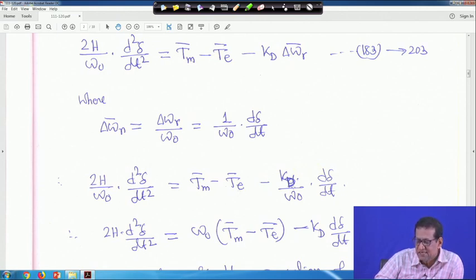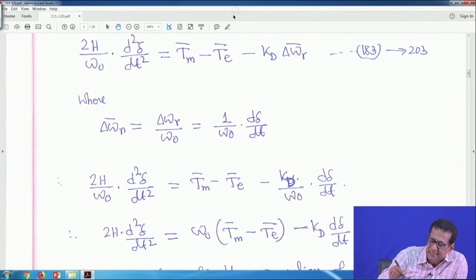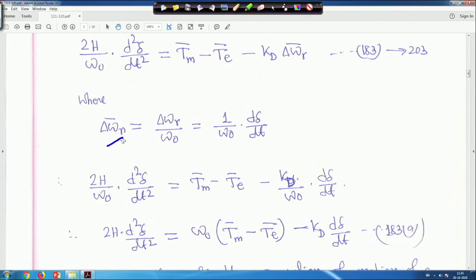Substituting delta omega r bar equal to 1 upon omega 0 into d delta by dt, you will get minus k d upon omega 0 into d delta by dt.